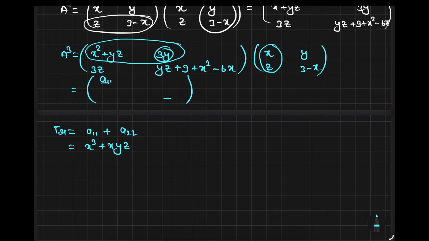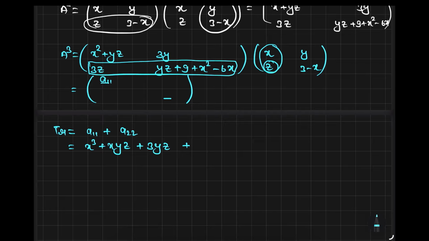Now we have to multiply this element with this element. So plus 3yz. So we got our a11. Now a22 means second row, second column. So 3z will be multiplied with y. So it is 3yz. Now let's multiply.